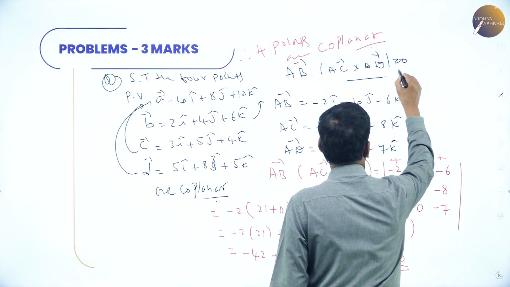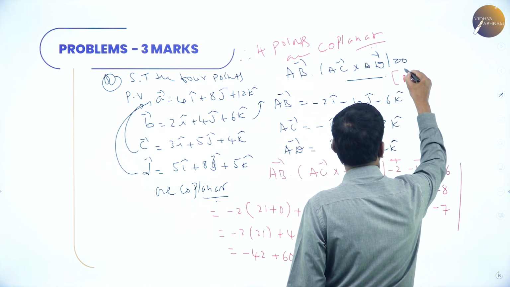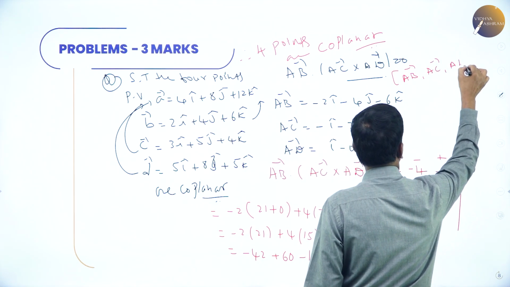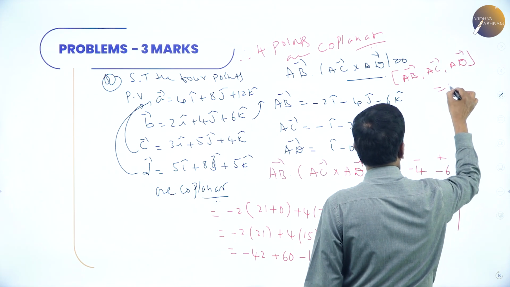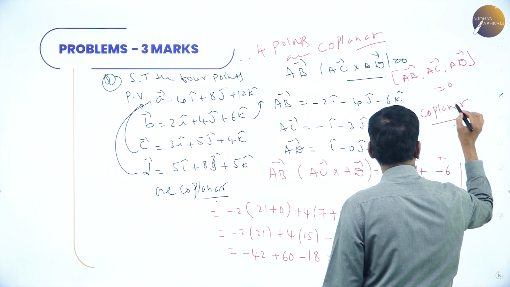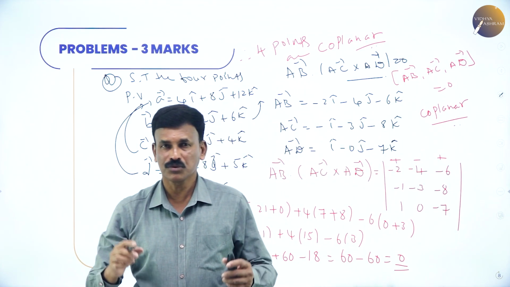If the box product of vectors AB, AC, AD is equal to 0, then they are coplanar. Very important concept. Hope you followed.